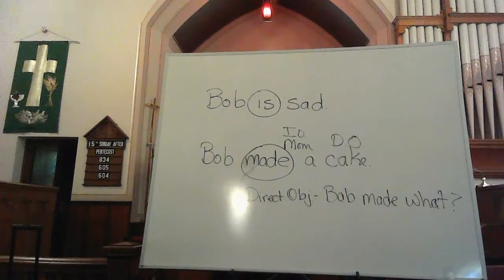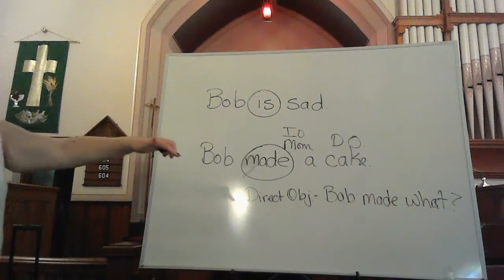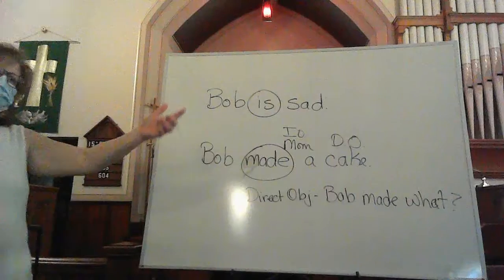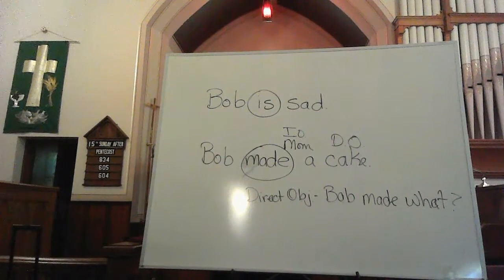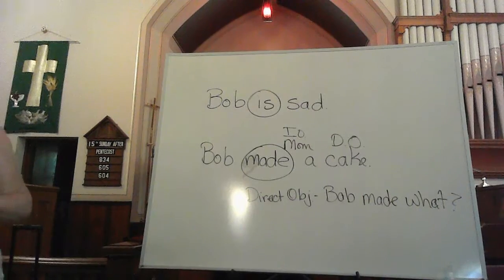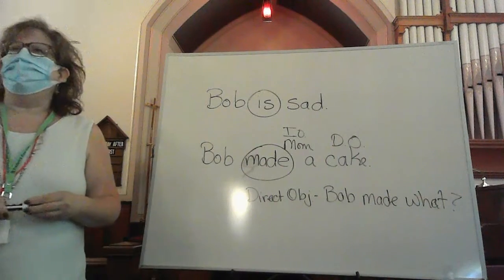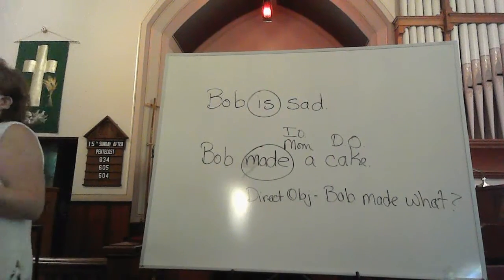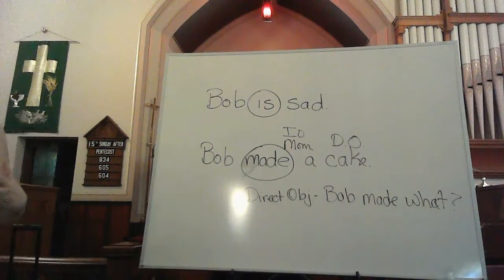If I said Dad gave John a gift, Dad gave what? The gift. But did somebody get it? John gave what gift? Dad gave John the gift. Is John getting it? He is, so that's the indirect object. Okay? So the indirect object, that's the person that's getting it.